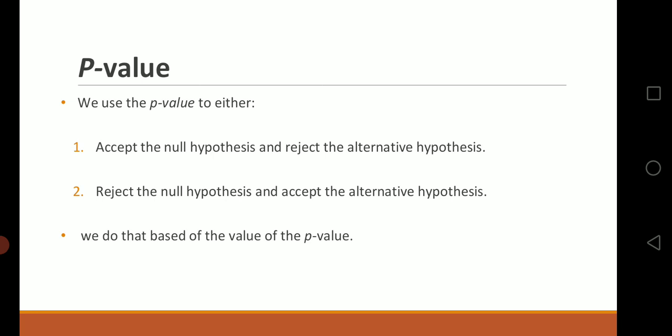Okay, we assumed two hypotheses for each association or for each difference that we want to assess, for example a difference between gender and paracetamol use. We assume the null hypothesis, that there is no difference in use of paracetamol among different genders, meaning in males and females there is no difference in the frequency of use.